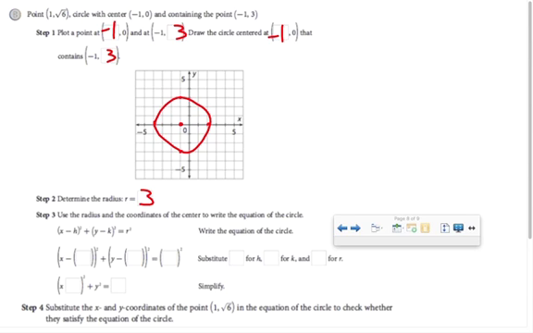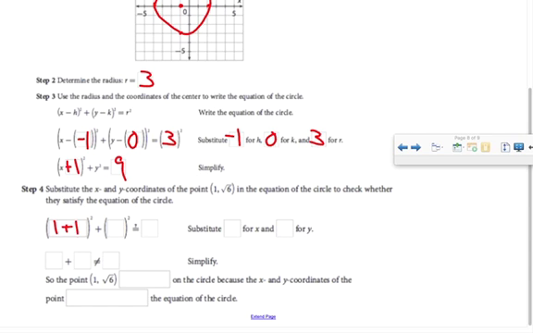What's most important is coming up with this equation of the circle. So we substitute in negative 1 for h, 0 for k, and 3 for r in order to come up with that equation. So our equation is x plus 1 squared plus y squared equals 9.